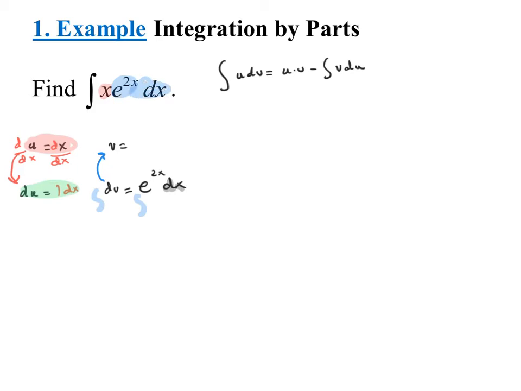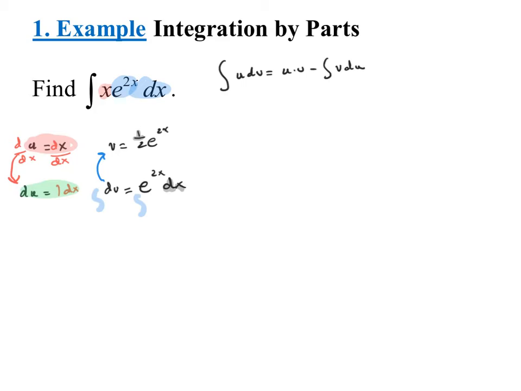So what's the integral of e to the 2x dx? Well, that's a simple u substitution. Let u equal 2x. Solve for the integral of e to the 2x, and when I integrate it, I end up with 1/2 e to the 2x. And then it would be plus c, but we don't need to worry about the plus c until the very end of this problem.